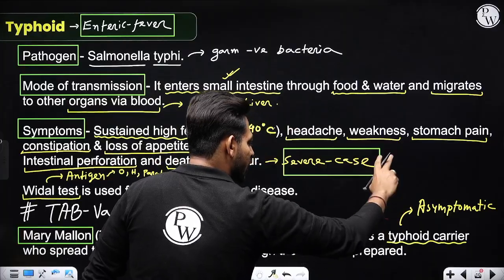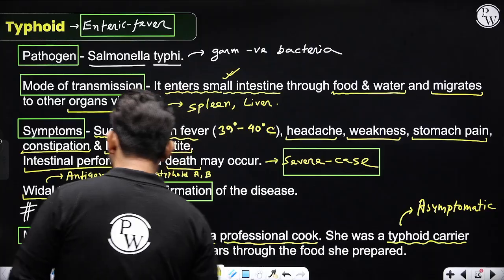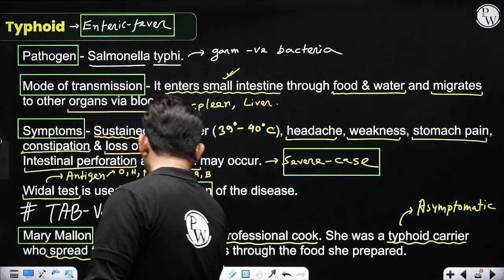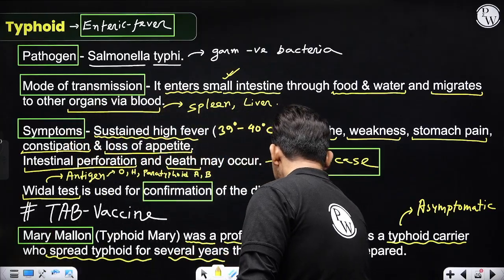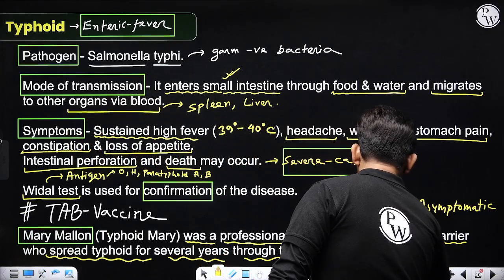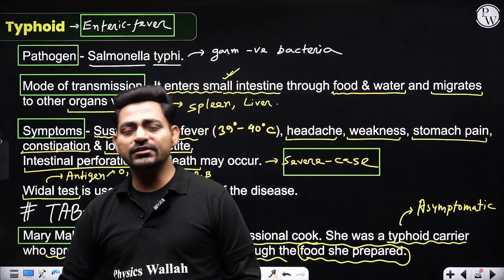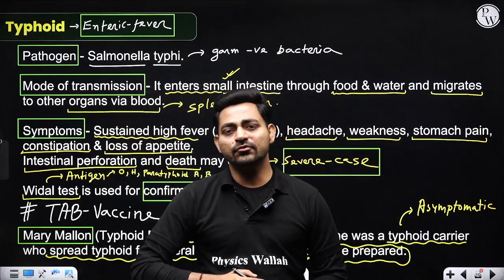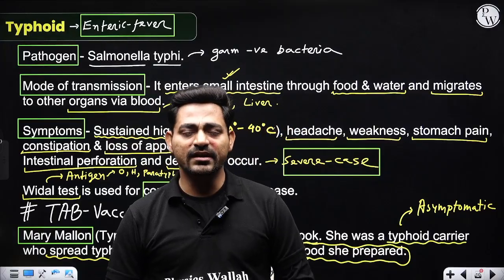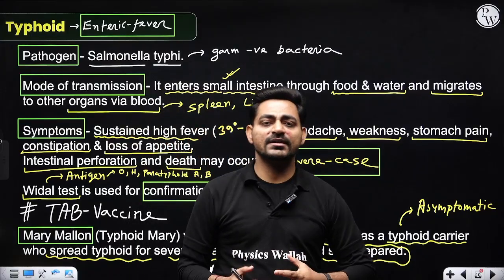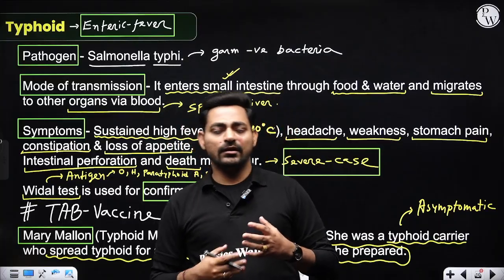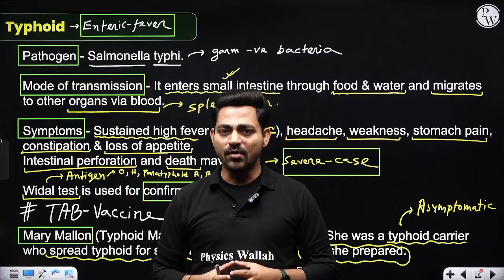She was an asymptomatic patient who spread the typhoid for several years through the food she prepared. Okay, and obviously she used to cook the food in an unhygienic manner. After defecation, maybe she was not cleaning her hand in a proper manner.